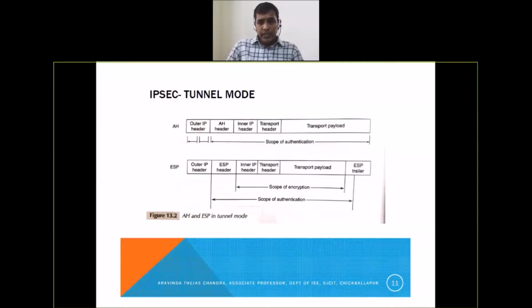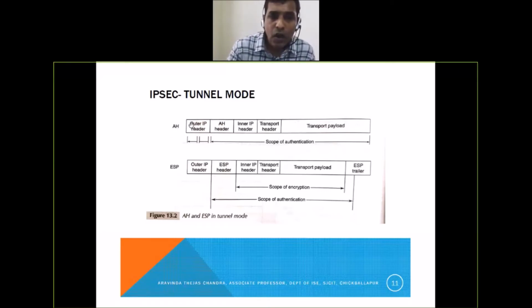So we need to encrypt the IP header, which contains the source and destination IP address. But if we encrypt it, the routers in between can't know where to route the packets. That is the reason a new header is added.